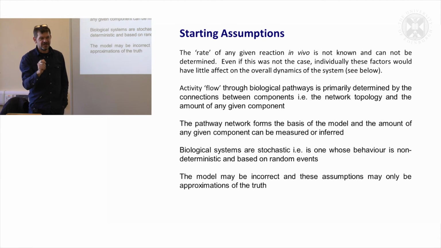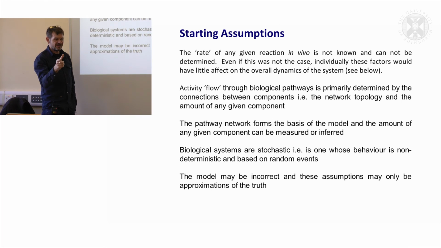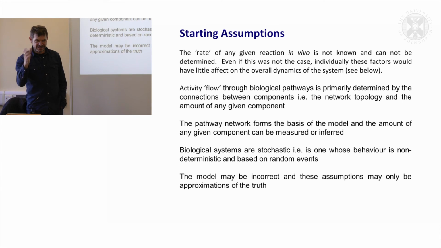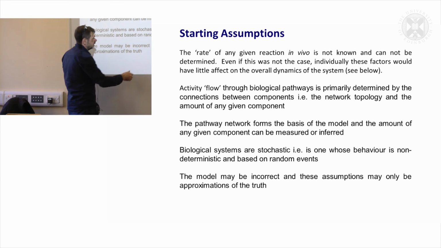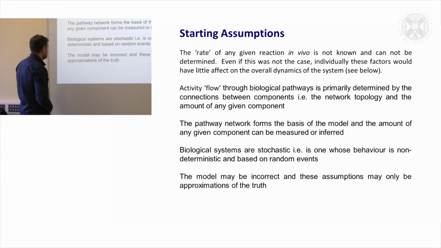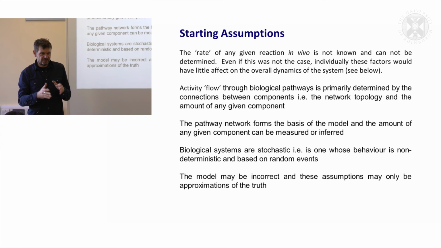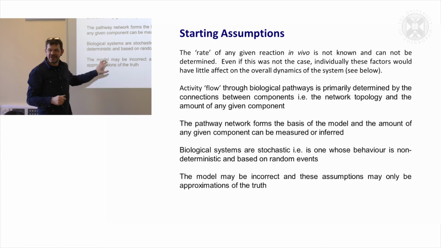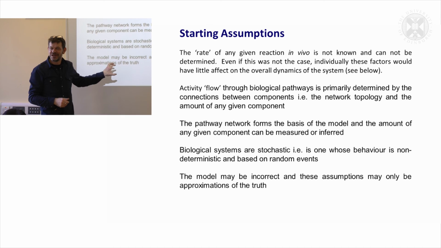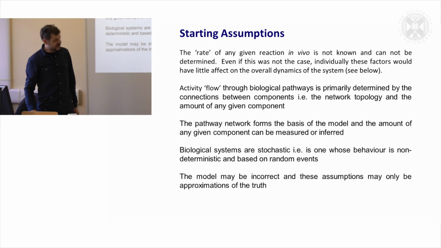There's an old saying that all models are wrong, but some are quite useful. A model is a model, it isn't reality, it is a construction that we have made, and we should never forget that what we're actually representing is a model. These assumptions may only be approximations of the truth. That's our caveat, that's our get out clause for anything that we might do. This is just a model.